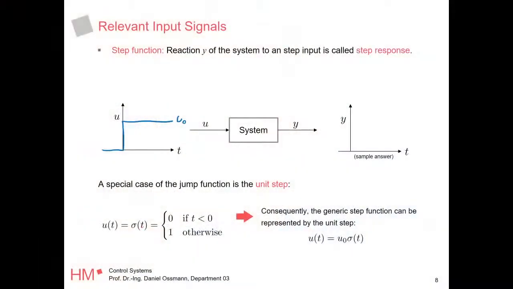Okay, so let's define it mathematically. How does u of t look like? It's basically 0 if t is smaller than 0 and u0 otherwise.